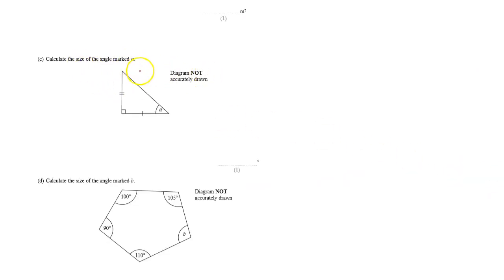Part C is calculate the size of this angle. Now this is a right angle triangle, so this is 90. So both these angles will be equal. So the sum of these two angles will be 90.